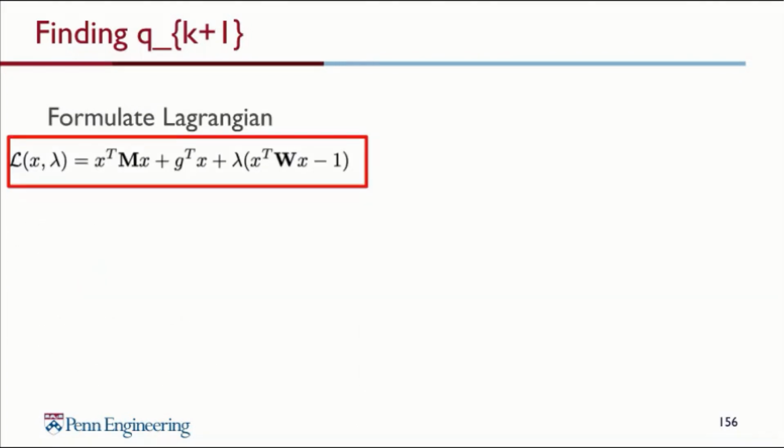Now, in order to find the solution x, we formulate what's called the Lagrangian. Intuitively, you can think of the Lagrangian as a way to express both the original problem and the constraints of this problem as a single problem, which can be solved in terms of the original variables and the Lagrangian variables lambda.